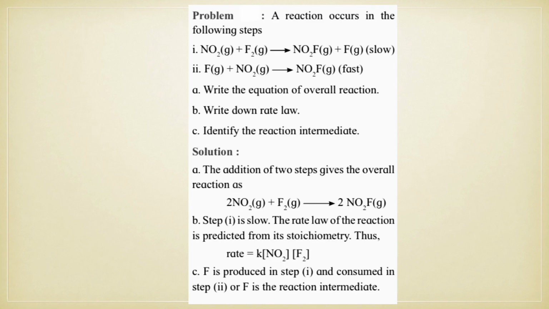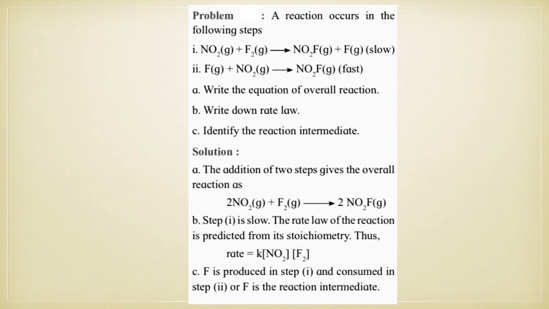The step 1 is slowest, therefore the rate law of the reaction is predicted from its stoichiometry as rate is equal to K into concentration of NO2 raised to 1 into concentration of F2 raised to 1. If the order is asked, again the order can be predicted from the rate law expression. It is x plus y, that is 1 plus 1, that is 2. That is a second order reaction.